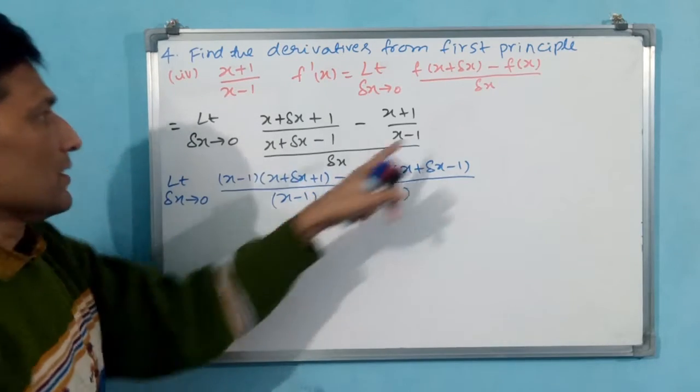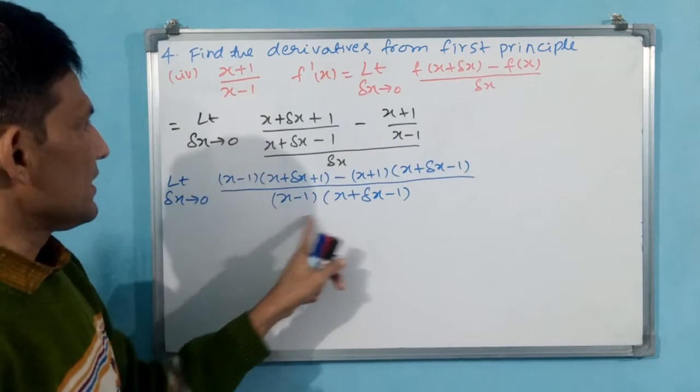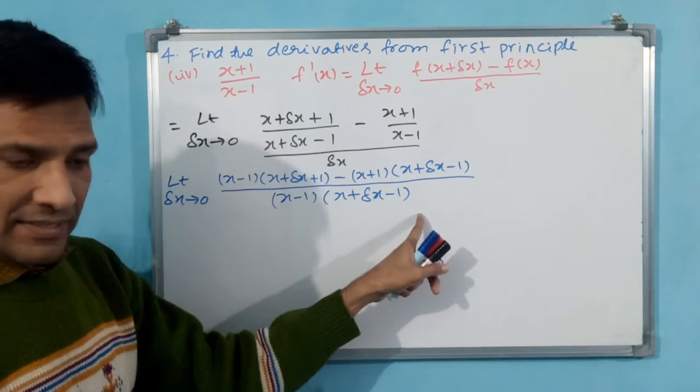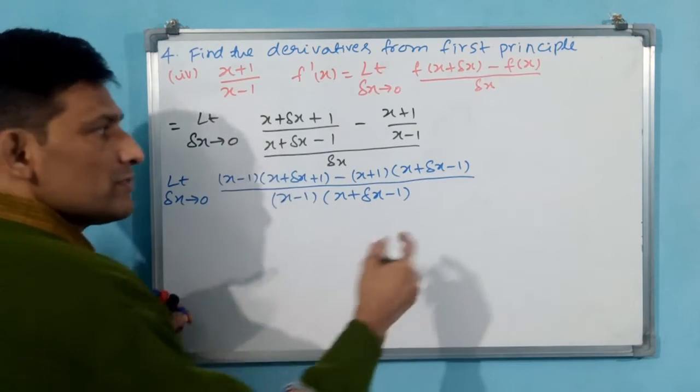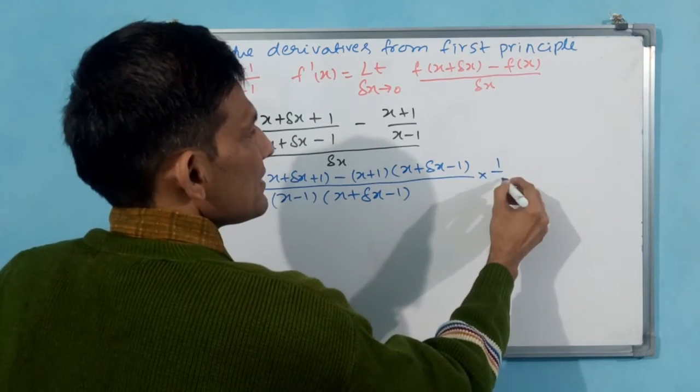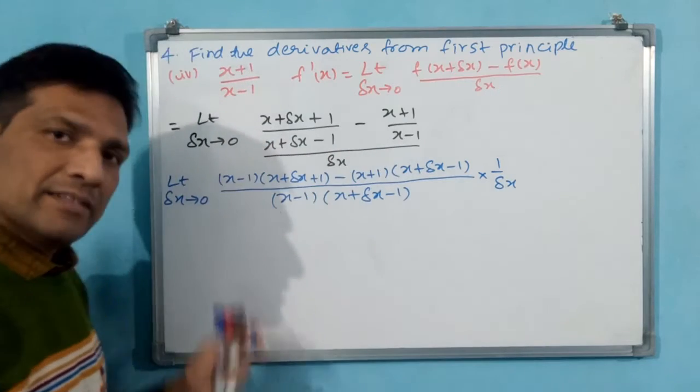Cross multiplication we have done, but divided by delta x is there. Shall I take this as delta x by 1? Then 1 into 1 by delta x. Definitely I can write this.